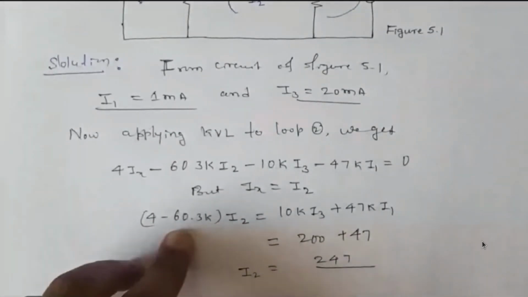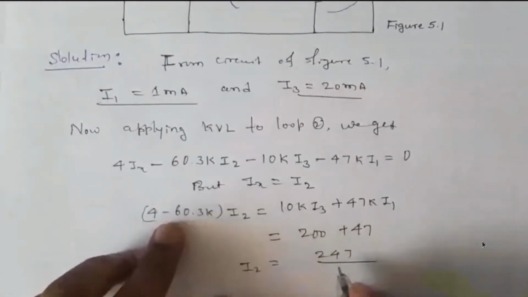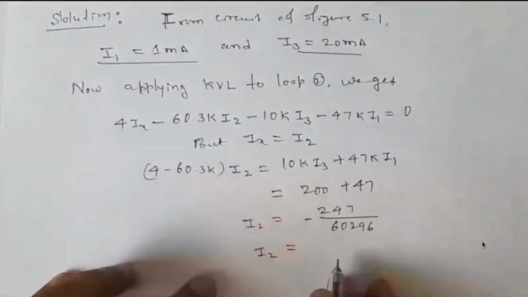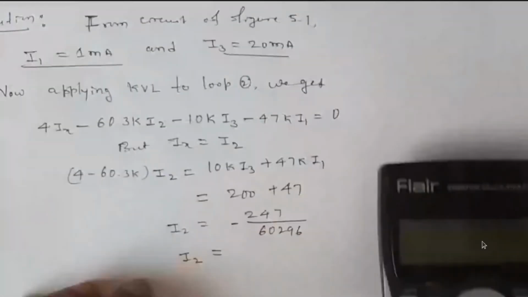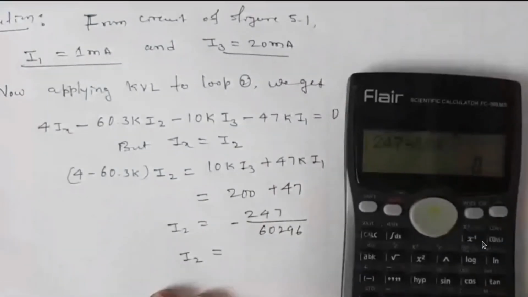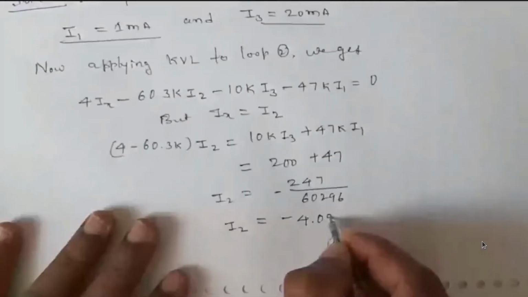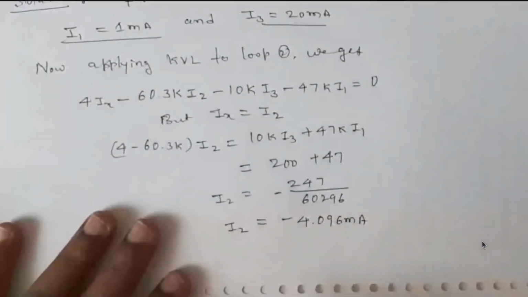That means 60,300. This one is 60,300. Minus 4 is nothing but 60,296. But dear students, because this is negative, you will get a negative sign here. 247 divided by 60,296 is equal to 4.09 milliampere, which is your I2.